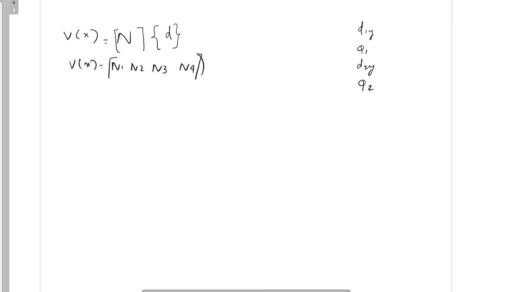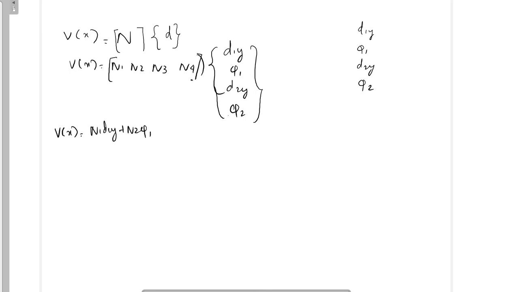It is a scalar matrix. Here the vector d1y, pi 1, d2y, pi 2 is the vector quantity.